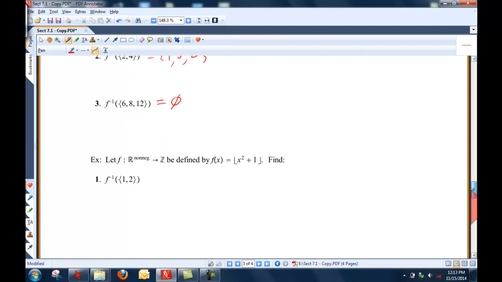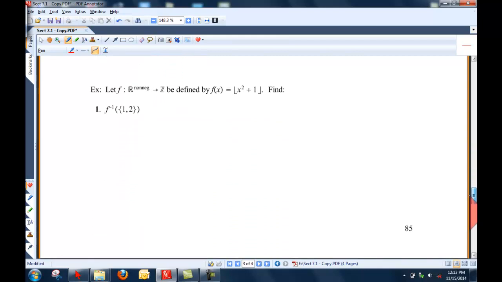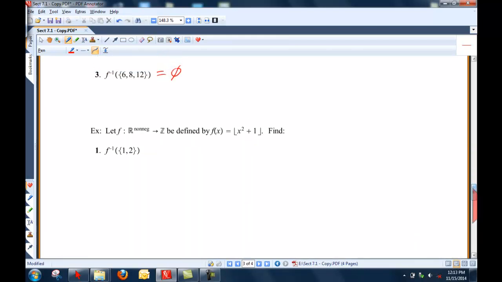Okay, so let's finish with one more example, a little more involved. Let's take a function from the non-negative real numbers, so this is 0 and all positive real numbers, to the integers, and let's work it this way.